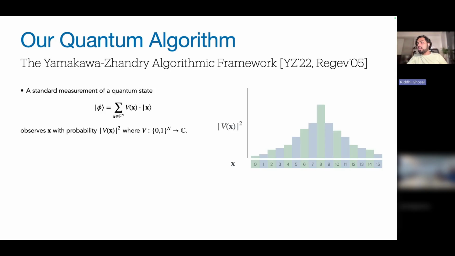Step one, you set up this quantum state phi, and just think about it as a superposition of qubits with appropriate weights. Here I'm just naming them vx's, so your phi is just the summation of vx times the quantum state x.